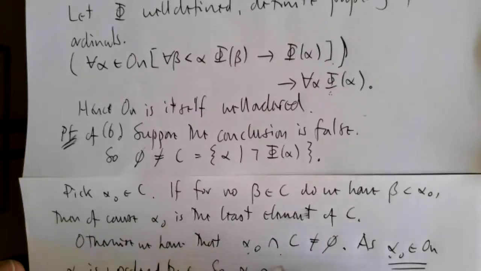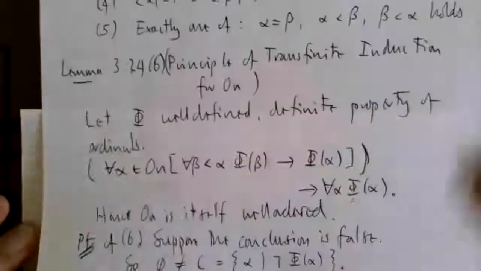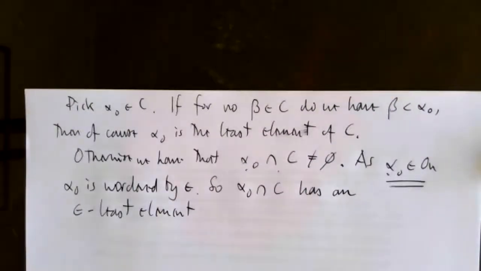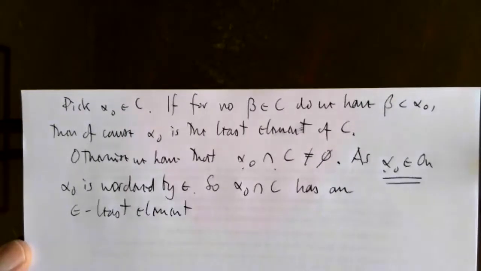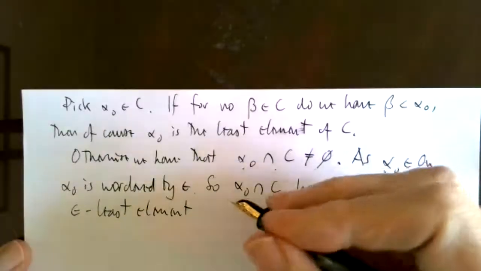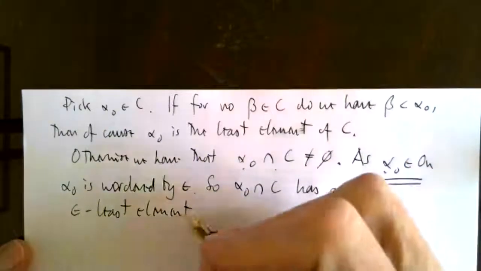So alpha 0 intersect C has an epsilon least element, which I call in the notes alpha 1.